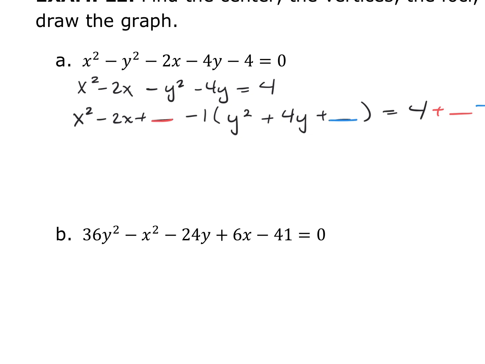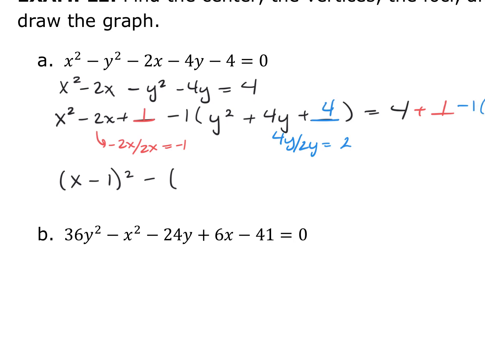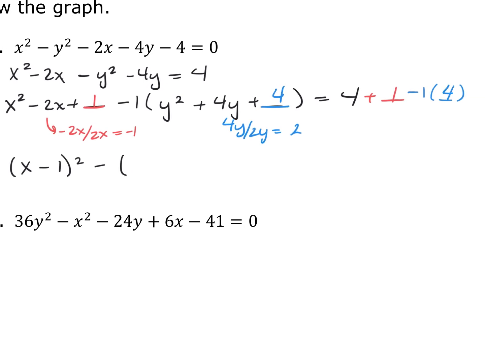As before, we take this negative 2x, divide by 2x, we get negative 1, we square it, so we add 1 here and 1 here. This then becomes x minus 1, the quantity squared, minus, and of course I'm going to do the same thing here: 4y divided by 2y gives me 2, so I'm going to add 4 here and 4 here.